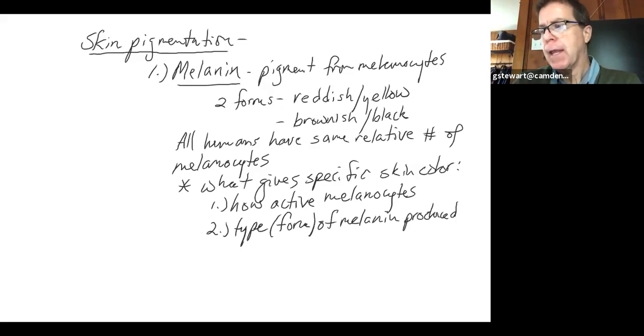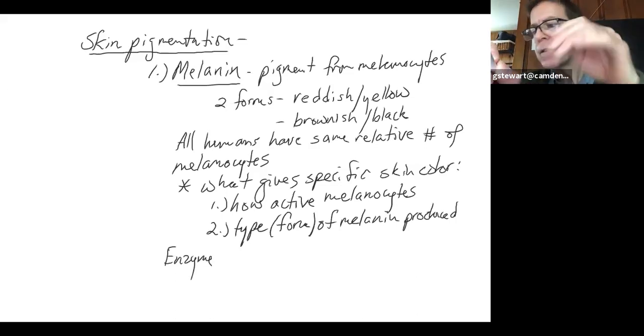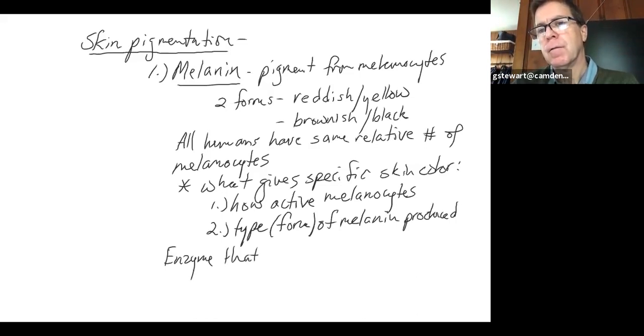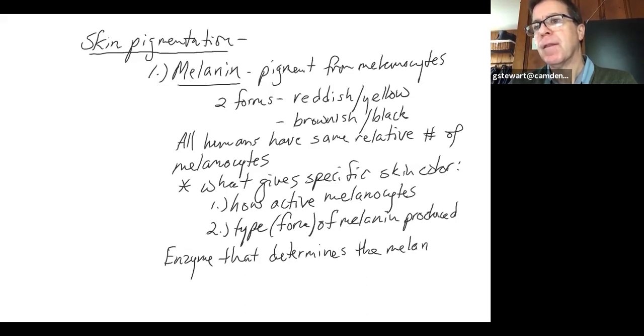All right, there's an enzyme that makes those melanocytes, that determines the synthesis of melanin. So the process of those melanocytes making melanin is determined. So I'm just writing enzyme that determines the melanin synthesis.